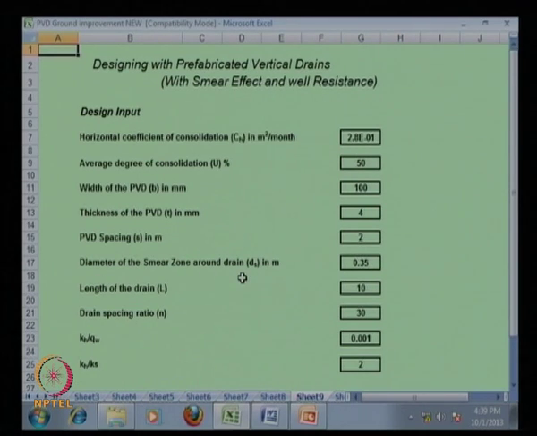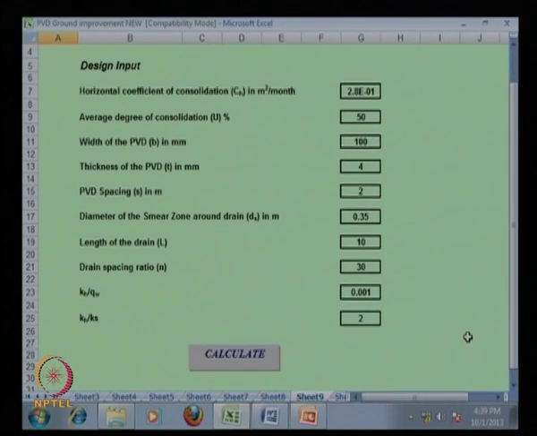Diameter of the smear zone around the drain is 0.35. Length of the drain is 10. Drain spacing ratio is 30. Kh by Qw is equal to 0.001 and Kh by Ks is equal to 2.